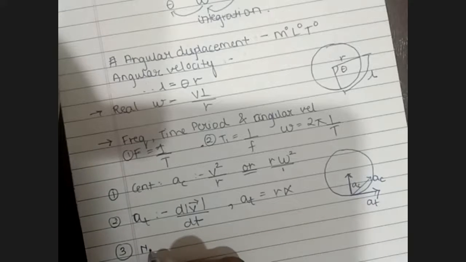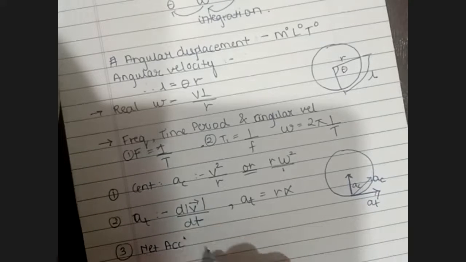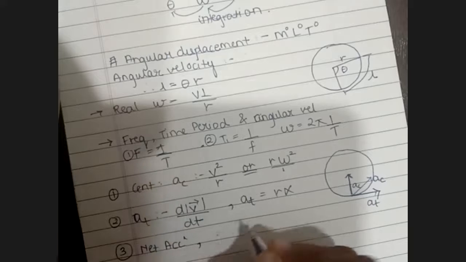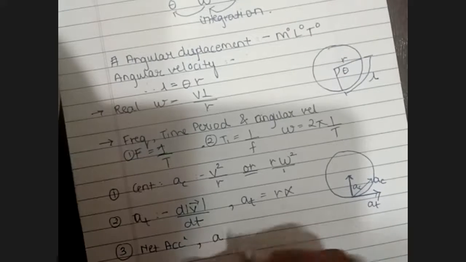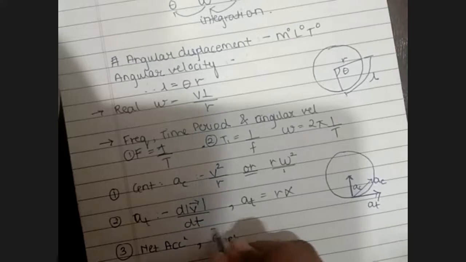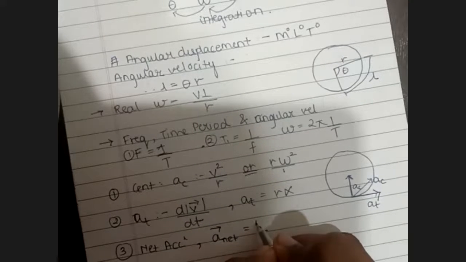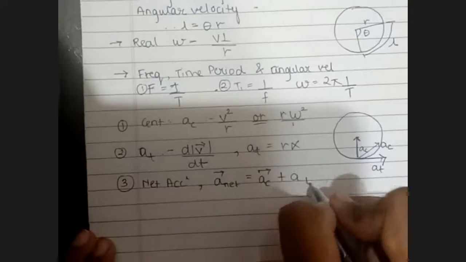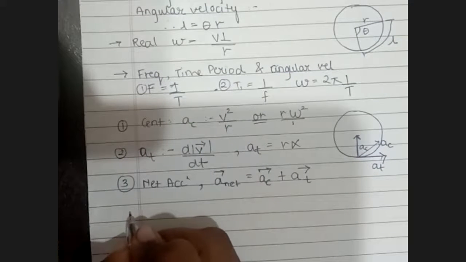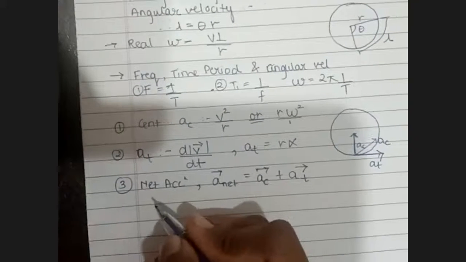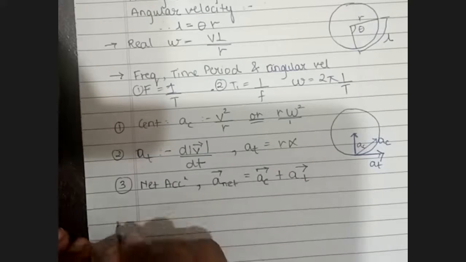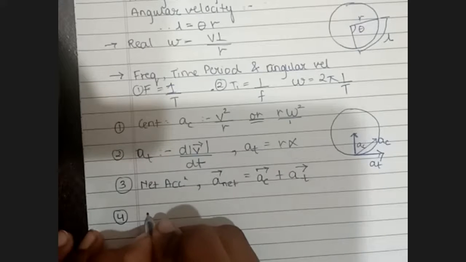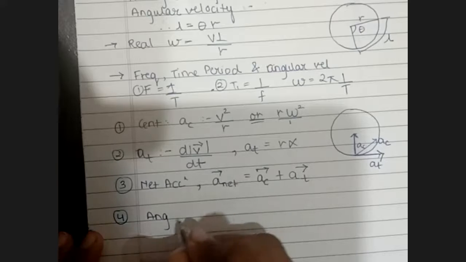The third is net acceleration, which is the sum of centripetal and tangential acceleration. The fourth one is angular acceleration.